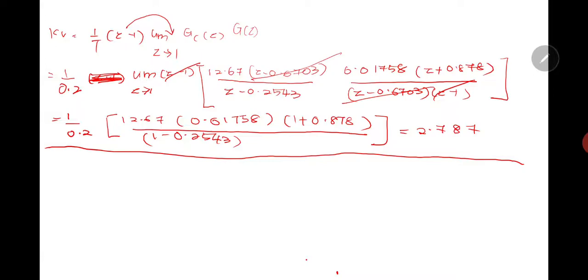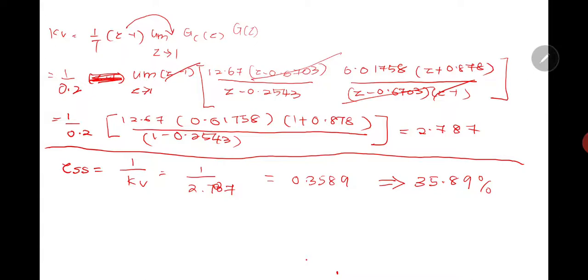If not, we need to design the compensator. The steady state error with respect to unit ramp input is 1 over KV, so 1 over 2.787, which is 0.3589, equivalent to 35.89%.